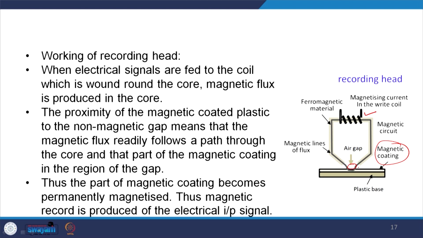So the path for the magnetic lines of flux exists this way, and that way it magnetizes the magnetic coating put in this gap. Thus the part of the magnetic coating becomes permanently magnetized, and a magnetic record is produced due to the electrical input signal.